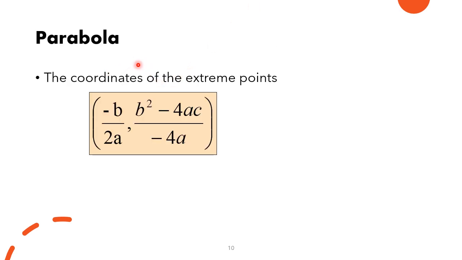Another thing about the parabolic curve is that the curve has an extreme point. Extreme point means the maximum point or the minimum point of the curve.